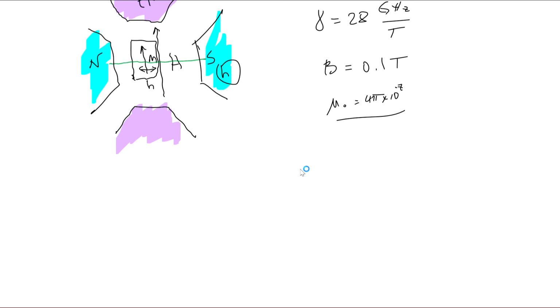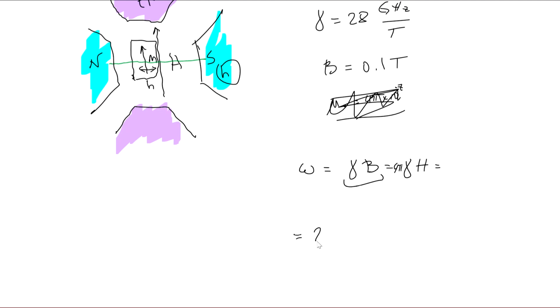For CGS units, omega would be gamma B. Let's do this in Teslas, we don't need this.